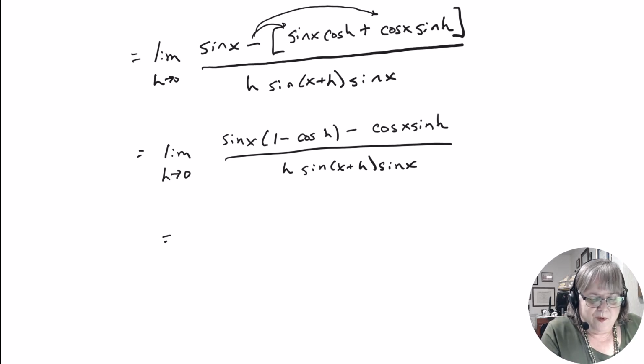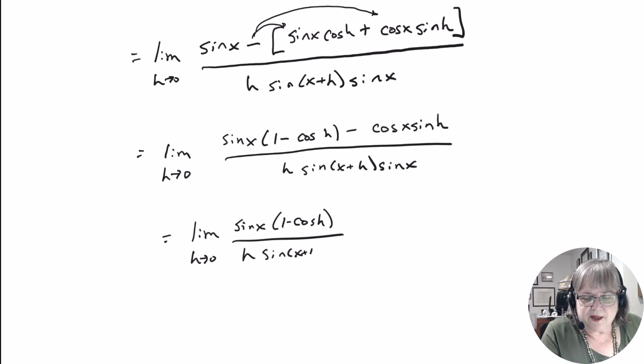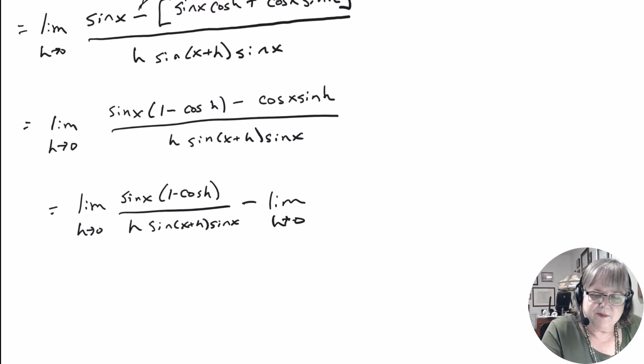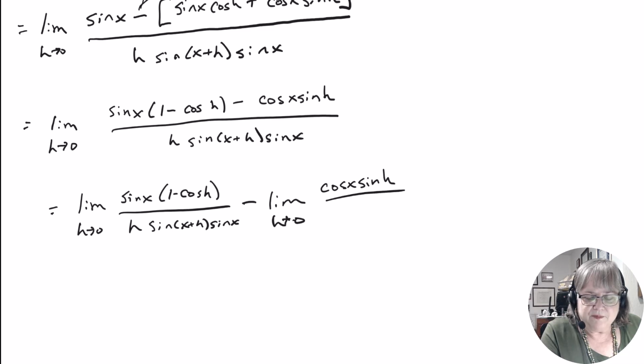When you get this cleaned up, you have the limit as h goes to 0 of sine of x times (1 minus cosine h) over h sine of x plus h sine of x, minus the limit as h goes to 0 of cosine x sine of h over h sine of x plus h sine of x.